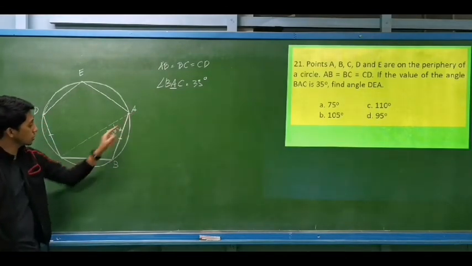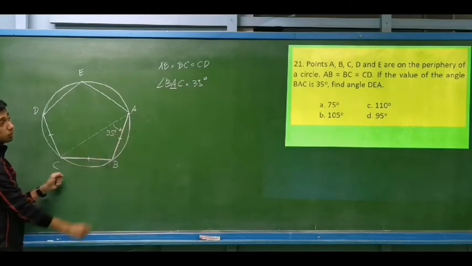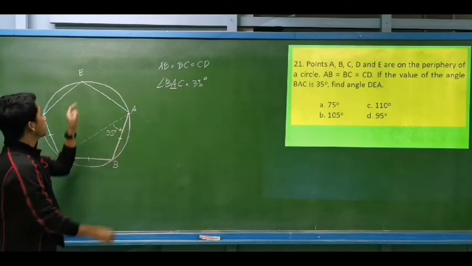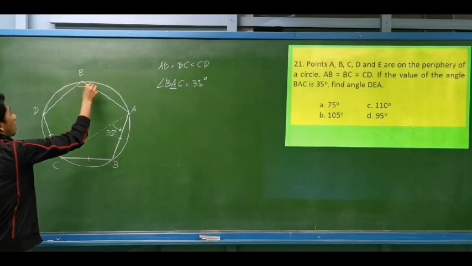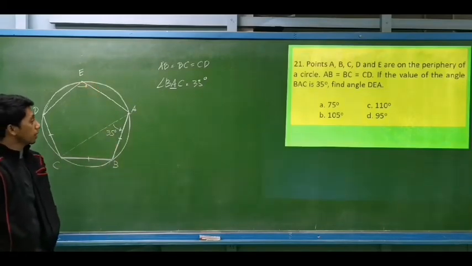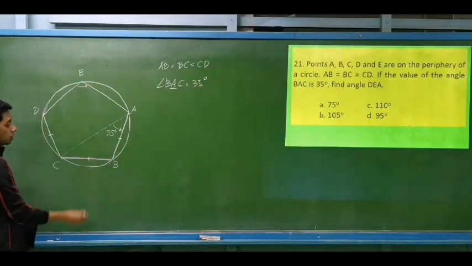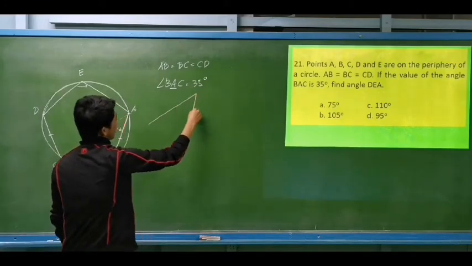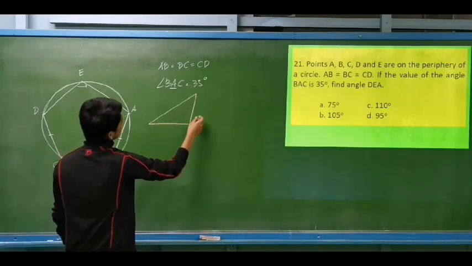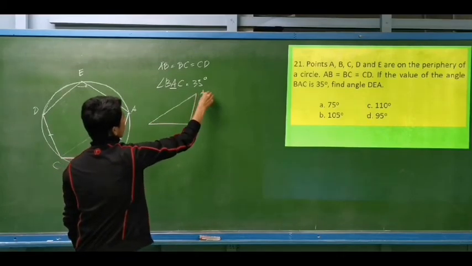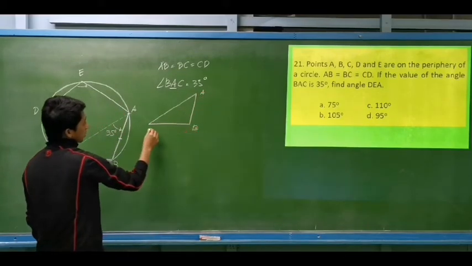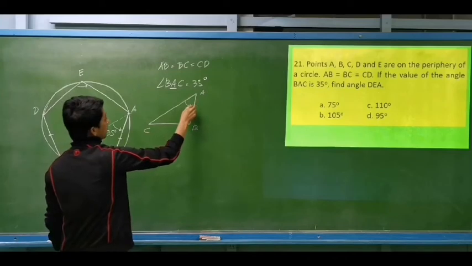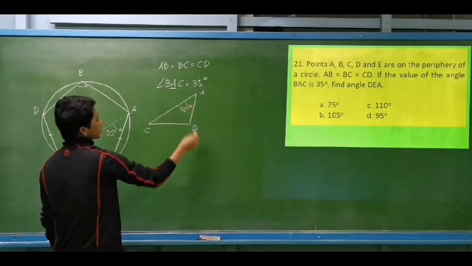Tama? So that is the same as BAC. Kumbaga angle A siya sa triangle ABC. Tama? Hinahanap lang yung angle na to. So angle DEA. So how do we solve this one? Okay, kung mapapansin niyo, kung isa-separate natin yung triangle na to, si triangle ABC. So this is A, B at saka C. Sabi niya sa problem, this is 35 degrees.